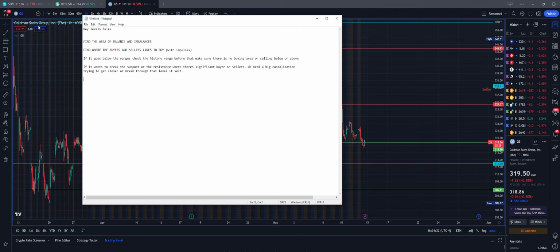Alright? And then, if the price moves so fast to the resistance line or support line, don't expect continuation.